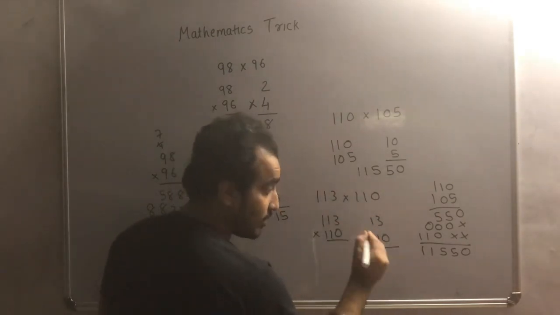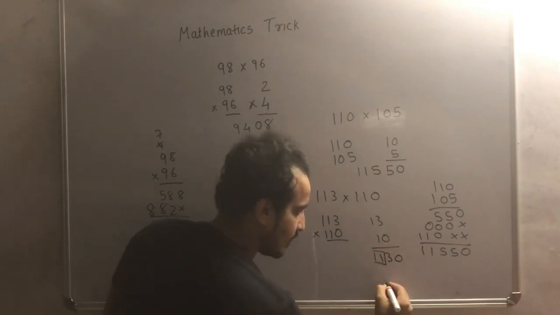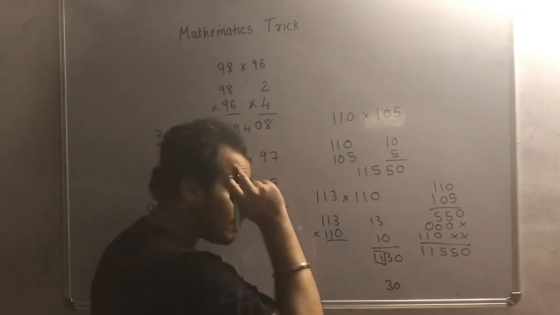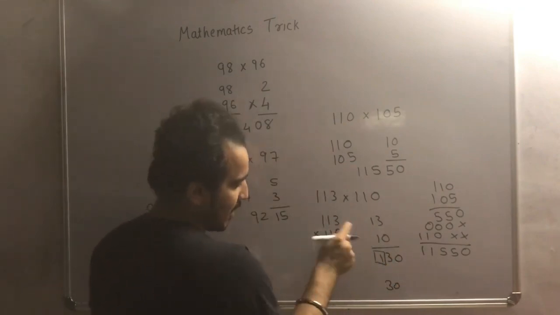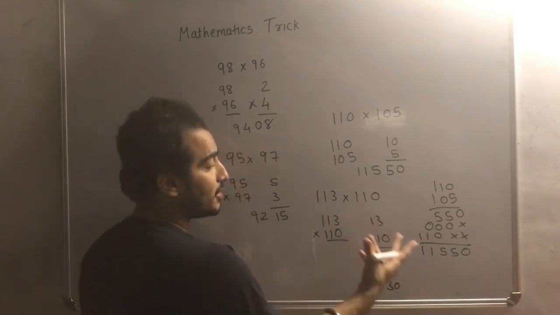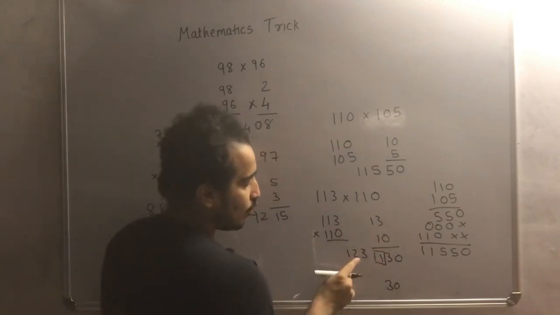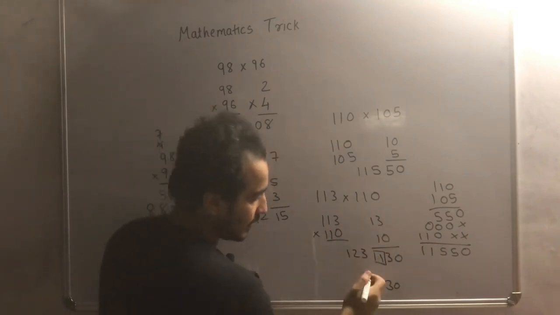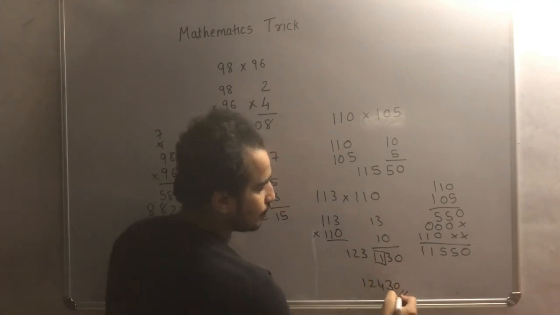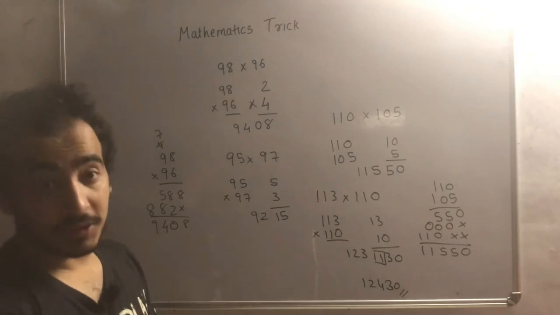We will write only 30 and remember the 1. Now 113 plus 10 is 123, or 110 plus 13, it is 123. 123 plus 1 is 124. So the answer will be 12430. You can check by multiplying.